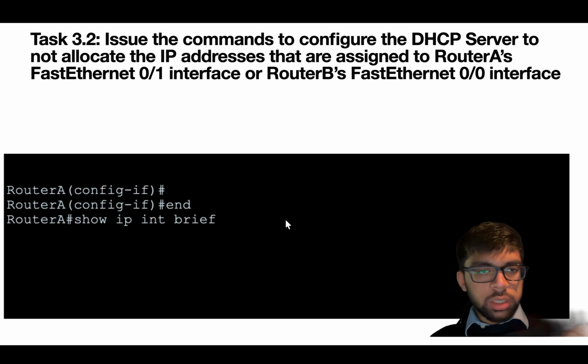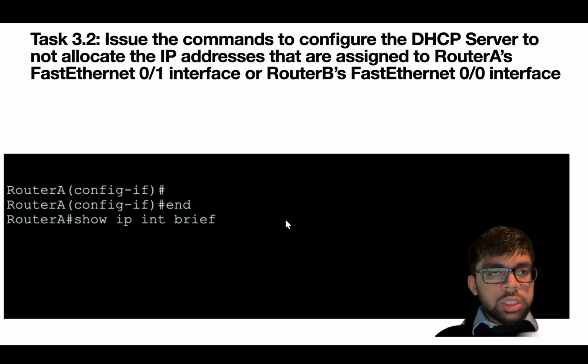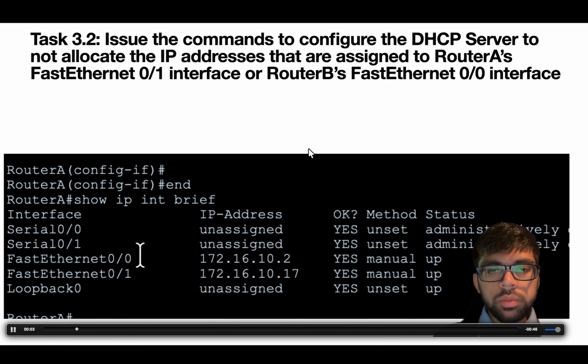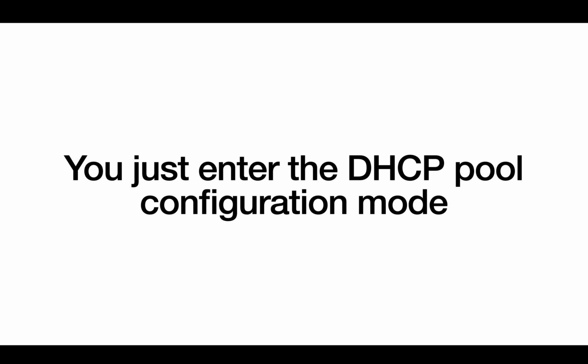Sorry, it was quite late, so I had to quickly check my lab notes there. Task 3.2 is very simple. If you create a pool and that pool already exists, you just go into the configuration mode for that pool.